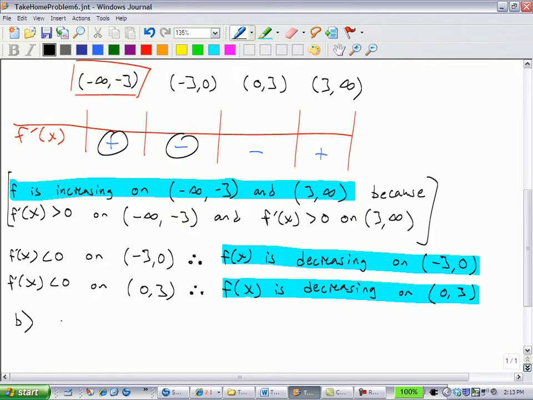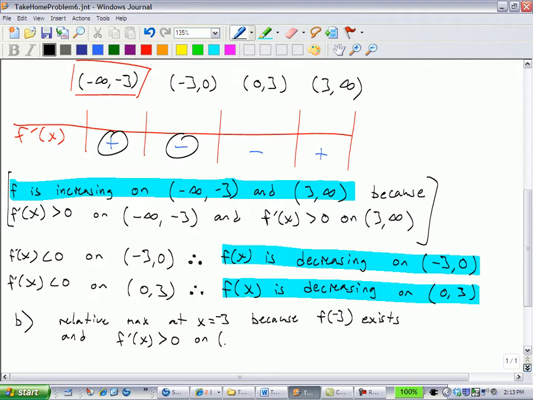So we're going to say relative max at x equals, sorry, it was negative 3, because f of negative 3 exists and f prime of x is greater than 0 on negative infinity to negative 3, and is less than 0 on negative 3 to 0.